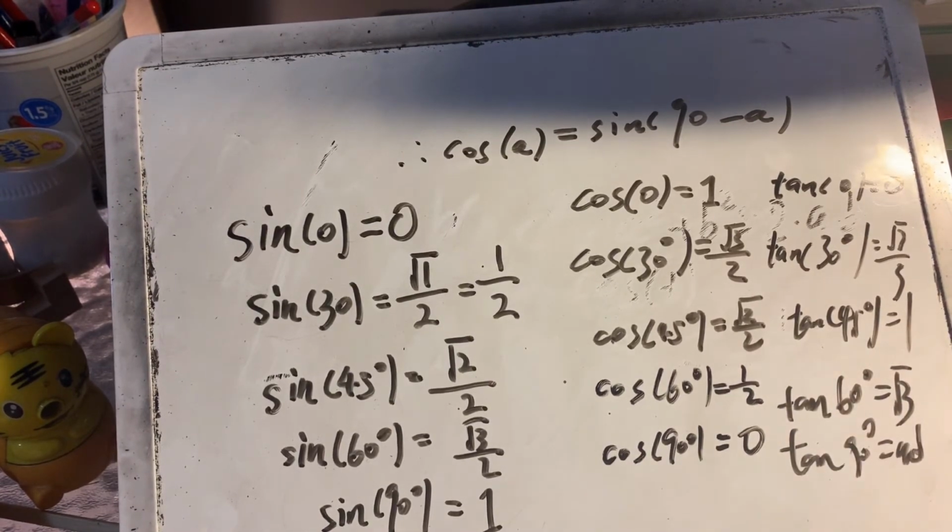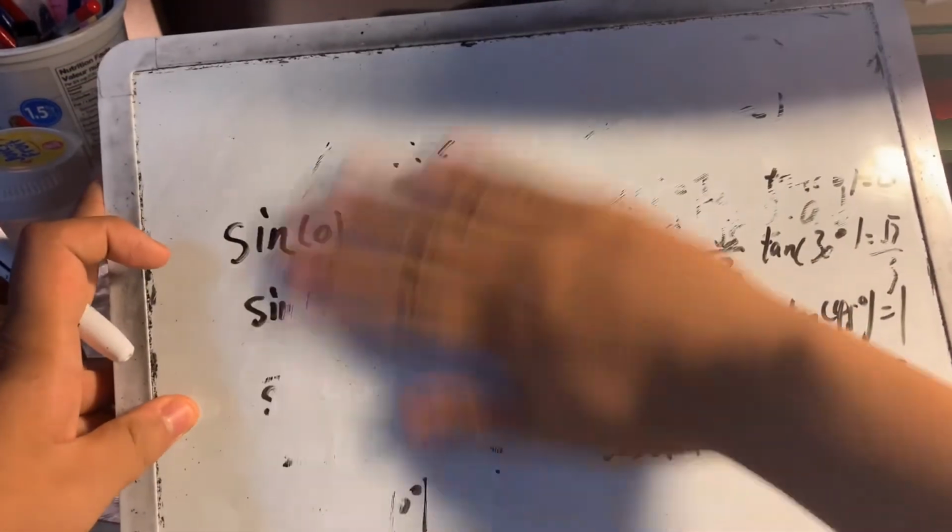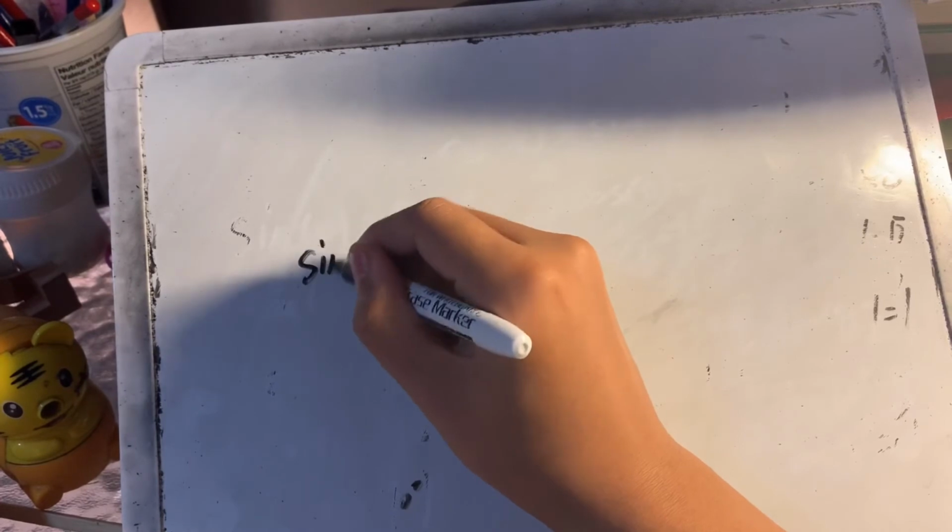Okay, so here are the sine, cosine, and tangent basic values. Now let's talk about the Pythagorean theorem. Everyone knows the Pythagorean theorem, so we just pass. Sine, cosine, tangent equations: here are the three equations that are most commonly used.